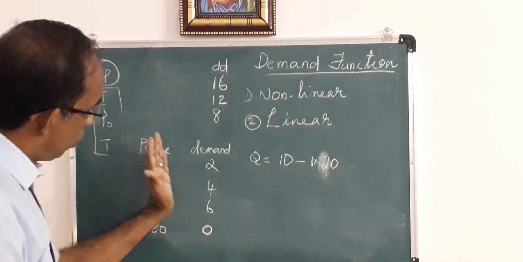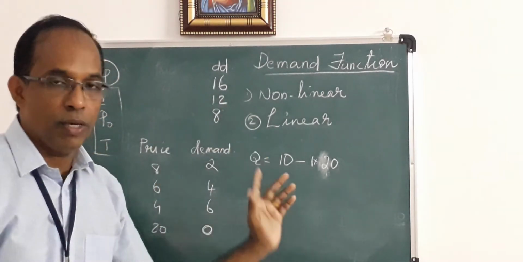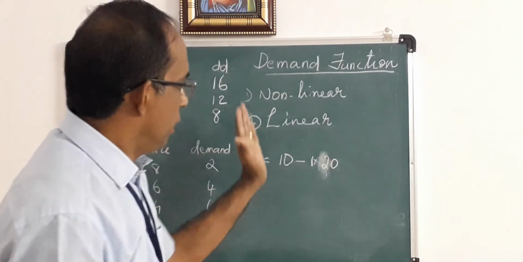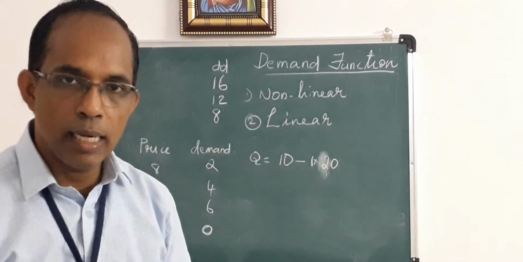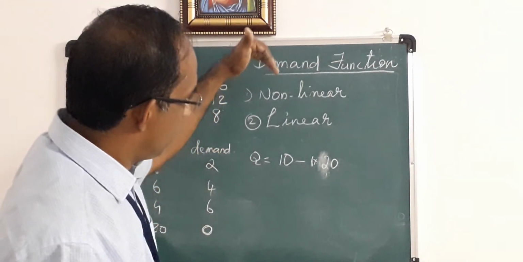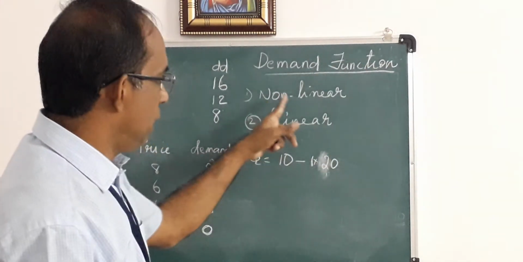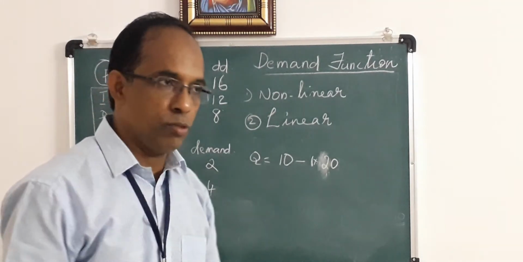When we draw this price and demand on a curve, we get a straight line demand curve. That means it is a linear demand function. I hope all you understood two types of demand function: non-linear demand function and linear demand function. This is very important.